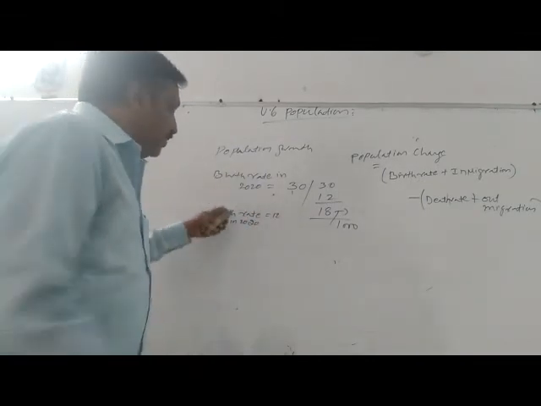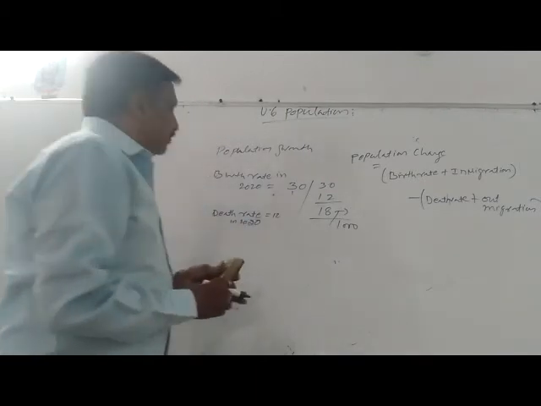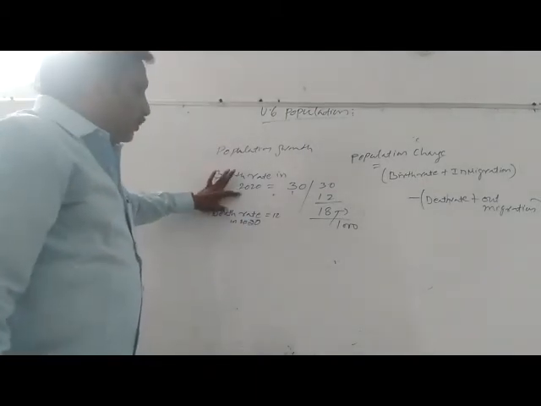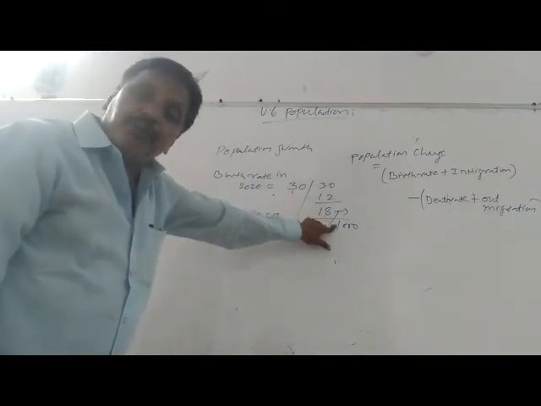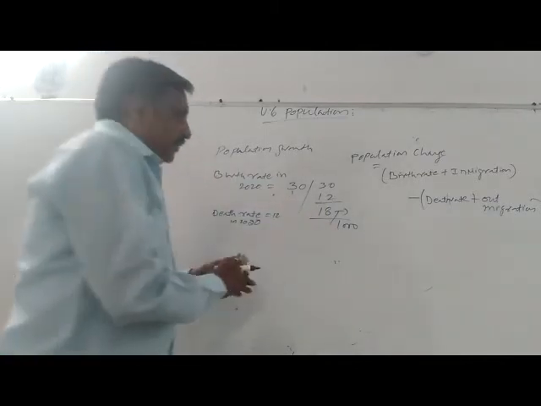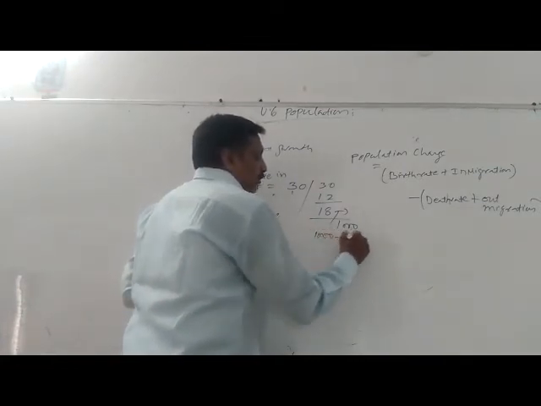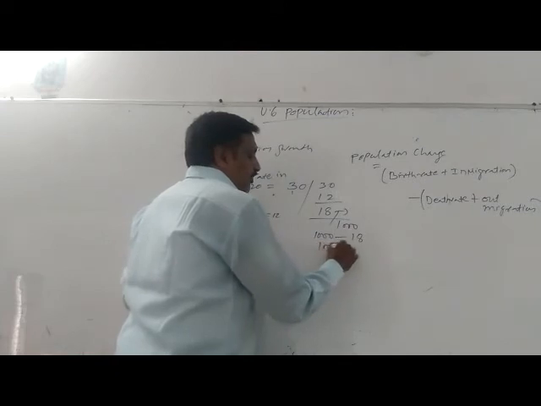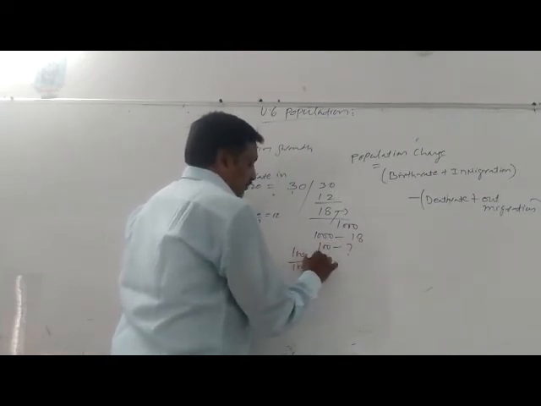In the year 2020, the number of people increased is 18 for every 1,000. Convert into percentage. It was per 1,000, then 18 per 100 is how much? 100 by 1,000 into 18.